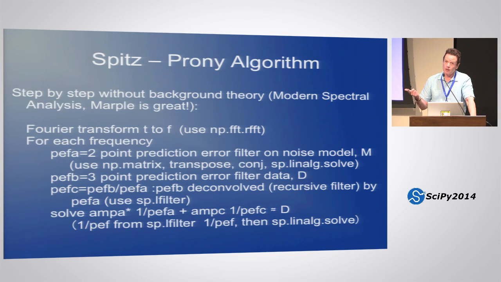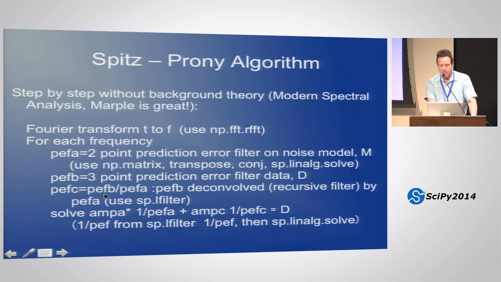Spitz never calls it Prony, but the technique is that. The flow that we're going to go through is to Fourier transform the data, a 2D array of numbers, transforming one axis from time to frequency, and then loop over each frequency and compute a 2-point prediction error filter, and then a 3-point prediction error filter.